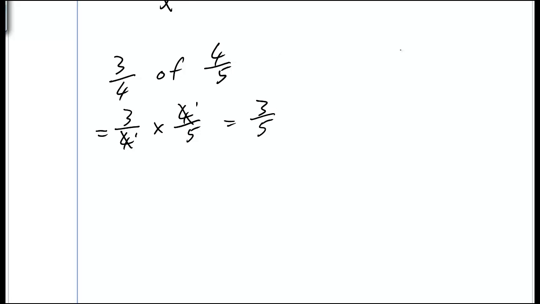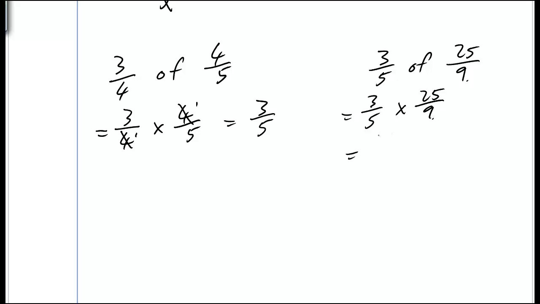Let's do another one. Say you had what's 3/5 of 25 over 9. All you do is you rewrite it. Wherever you see the word of, you replace it with a times. 25 over 9.